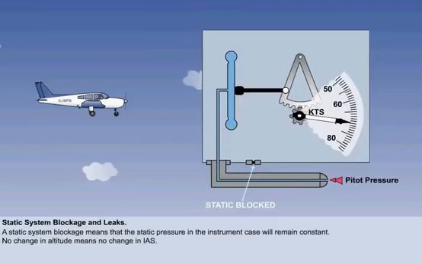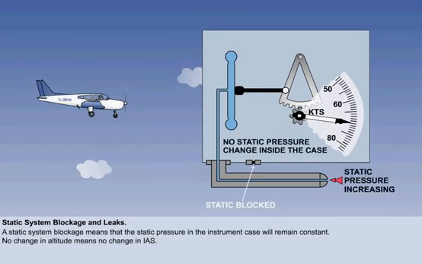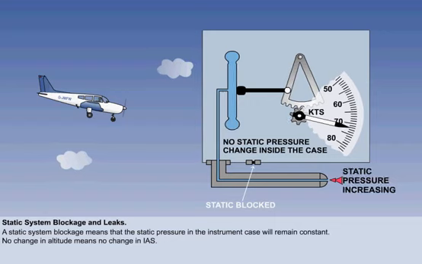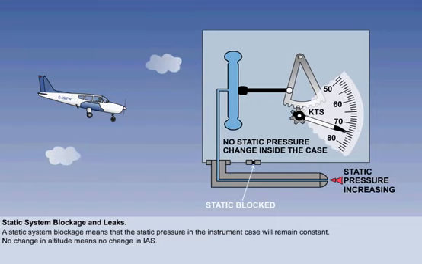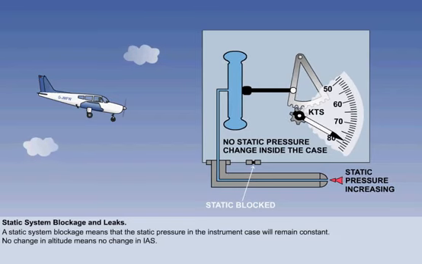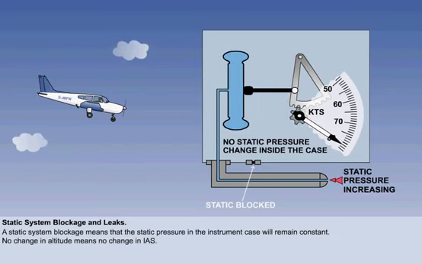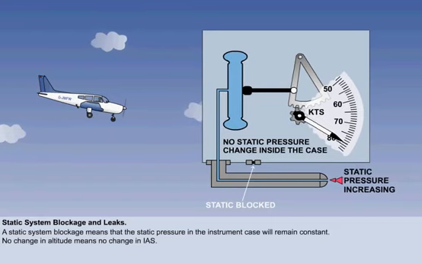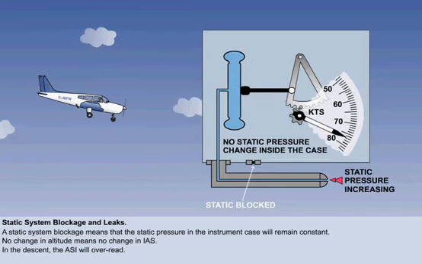However, in the descent, the static pressure in the instrument case will remain trapped at the higher altitude air pressure, and will therefore remain at low pressure. This will allow the metal capsule, which is being fed by correct pitot pressure, to expand by an excessive amount. Therefore, in the descent, the ASI will overread.